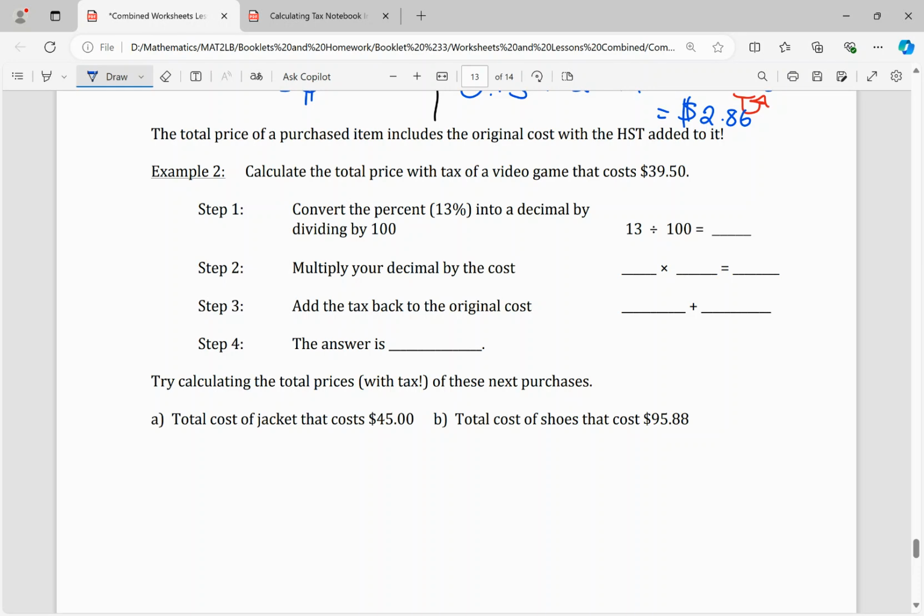As usual, we convert 13 into a decimal. We all know that's 0.13 by now. And as usual, we'll take 0.13 and multiply that by the cost, $39.50. 0.13 times $39.50 is equal to 5.135.